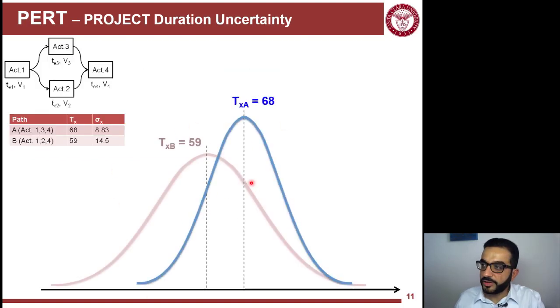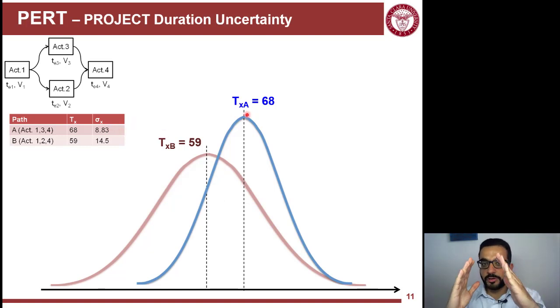Let's say I'm representing path A, which has a mean of 68 days. TB has a mean of 59 days. But you can see here path A has less variation, a smaller sigma value, so that will make the bell curve a little slimmer compared to the duration of path B, this one.